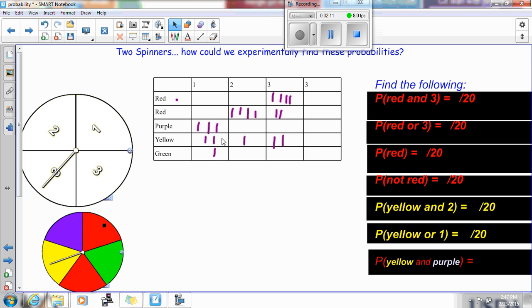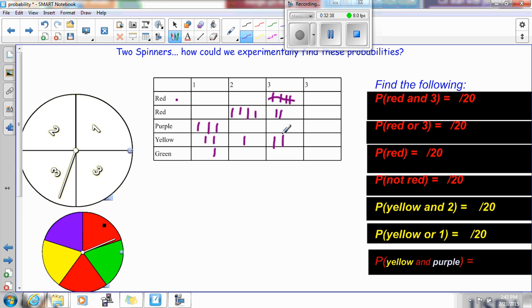Okay, so we got 15, 16, 17, 18, 19, 20, 21, and on up. I did too many. That's okay. Let's just do one more. So that is a red 3 again, which makes a line here.